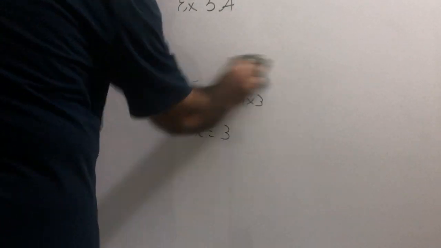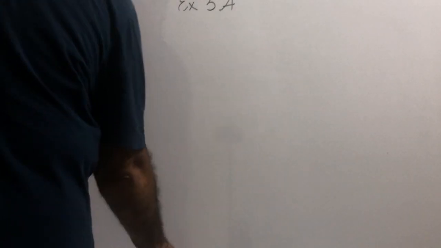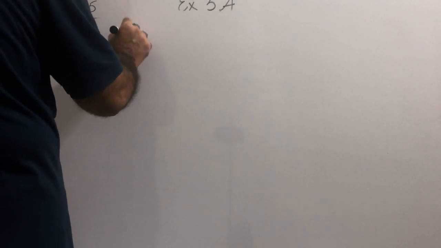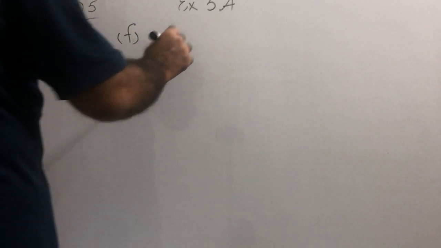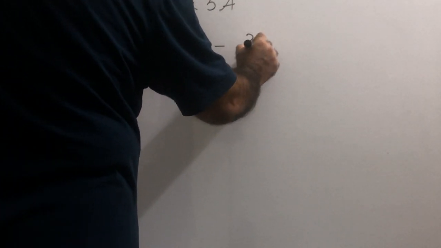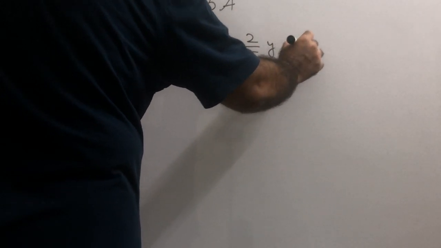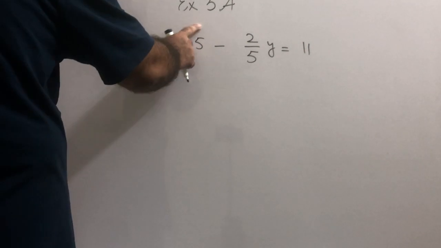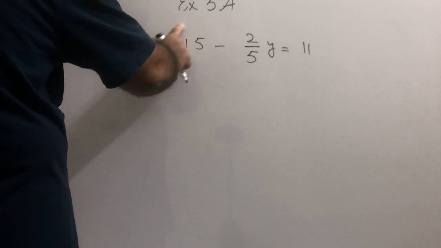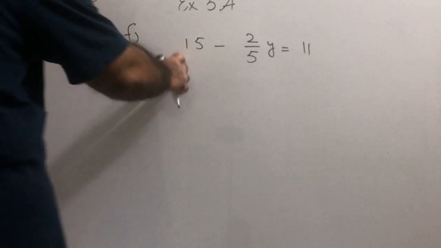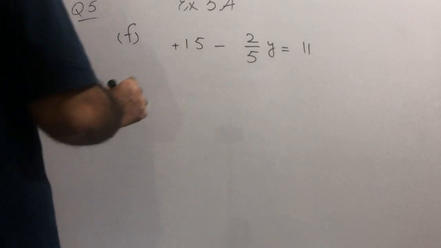Now we will be doing part F, the last part. 15 minus 2 over 5 y is equal to 11. Here, first of all, we will be moving this 15 to the other side. After that, we will be thinking about this. Here it is bearing a positive sign.